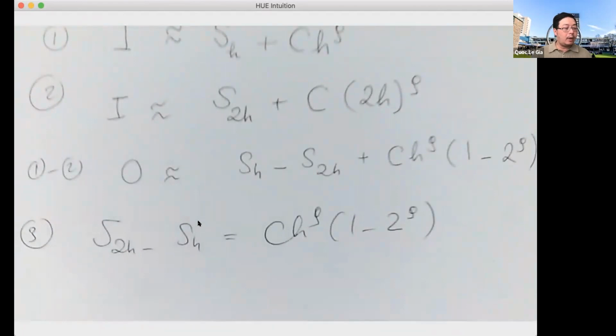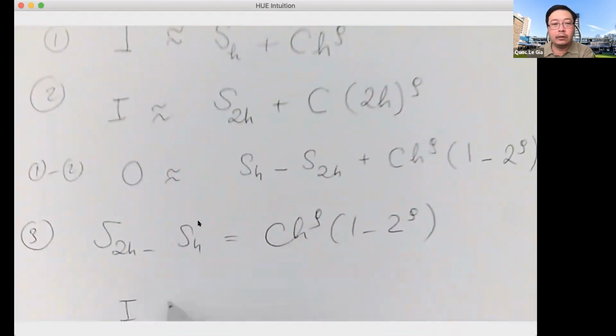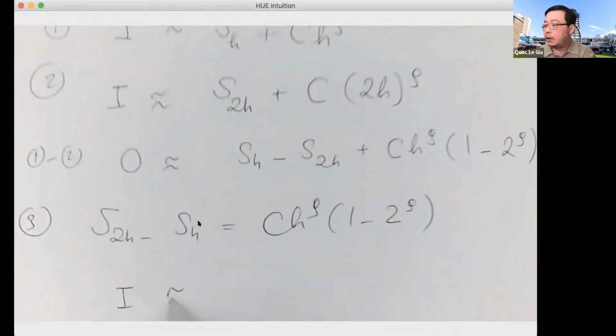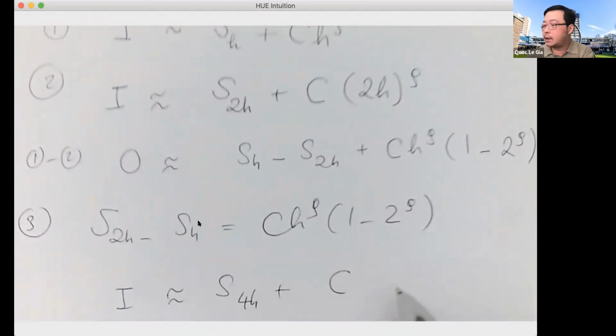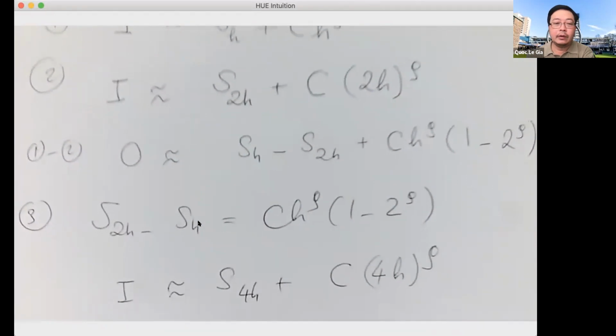Now we have to deduce the formula for rho. The formula for rho has S_4h as well. So I equal S_4h plus C (4h) to the rho.